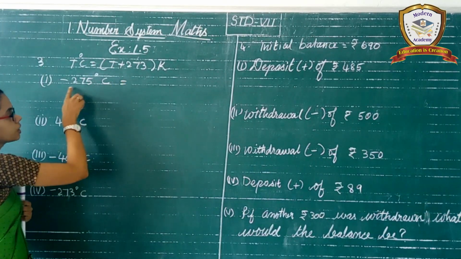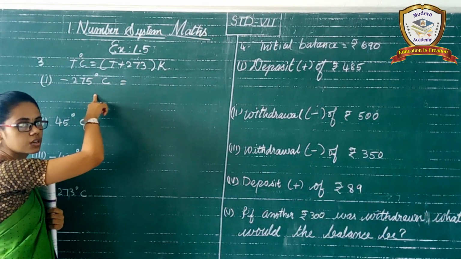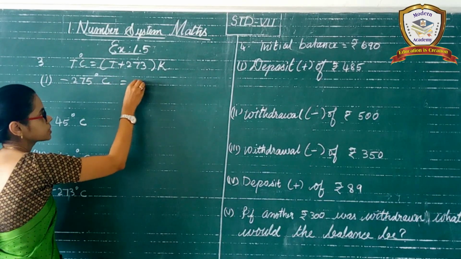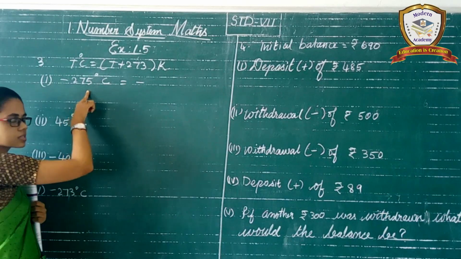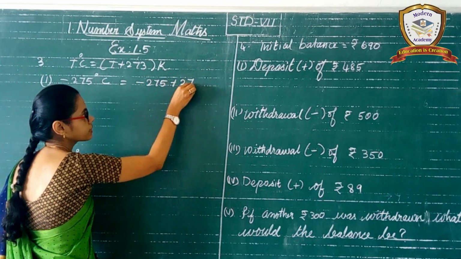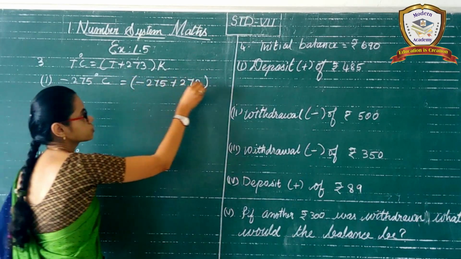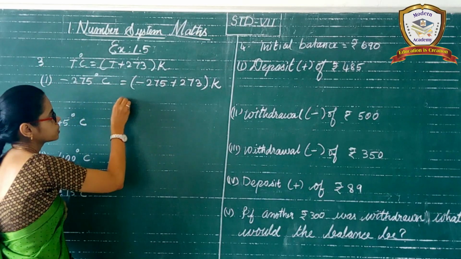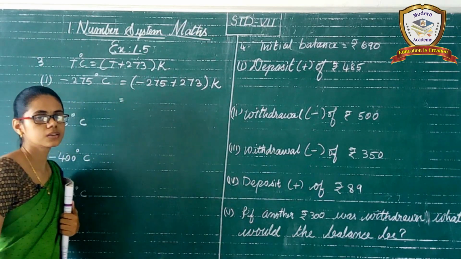Okay. Now listen here. Minus 275 degrees Celsius. We have to change to Kelvin. That is T, which means T is minus 275 degrees Celsius. So minus 275 plus 273. So we have to change to Kelvin. We have to mention here K. So see, both are different sign.